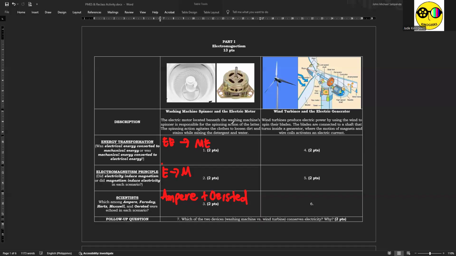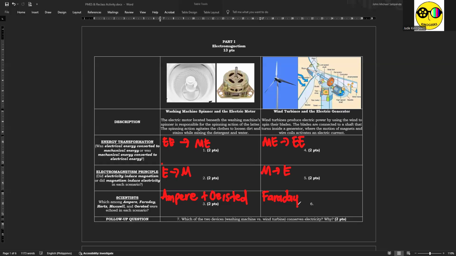That's why here, mechanical energy from the wind and the movement of the blade is converted to electrical energy. Because there are magnets and wire coils inside the generator that was activated first, it allows the generation of electricity. Therefore, for wind turbines, magnetism induces electricity, which was conceptualized by Michael Faraday.